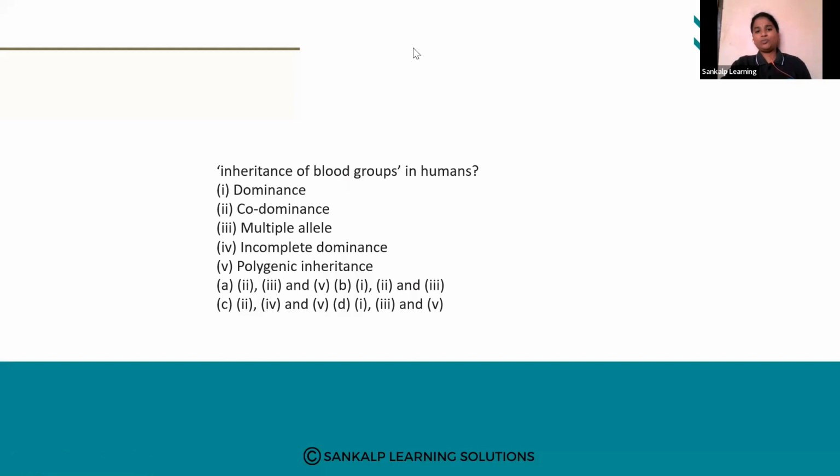Inheritance of blood groups in humans shows which properties? Dominance, codominance, multiple alleles, incomplete dominance. Be fast.